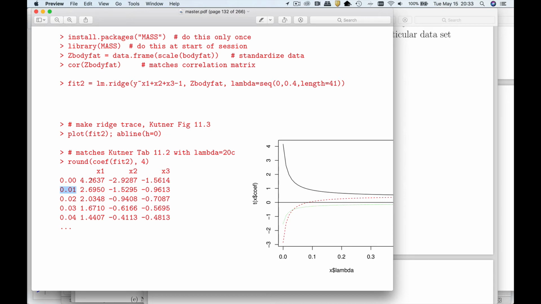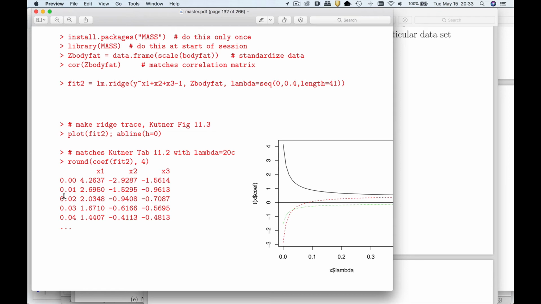Think about squaring this number and this number. Well, that's going to be like 18 or something, and that's going to be close to 9. But if I made this negative a little bit less negative, I could make this number much less positive, and the squared length of this beta vector is going to be much less.